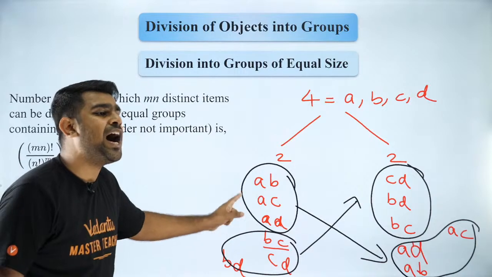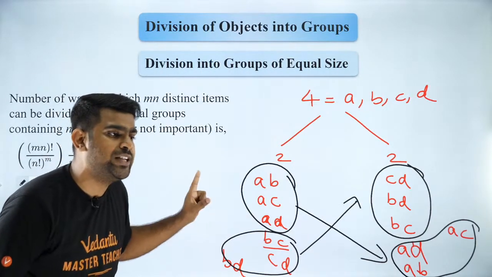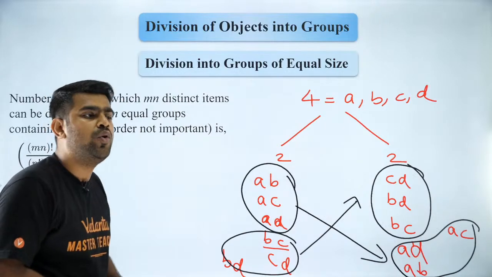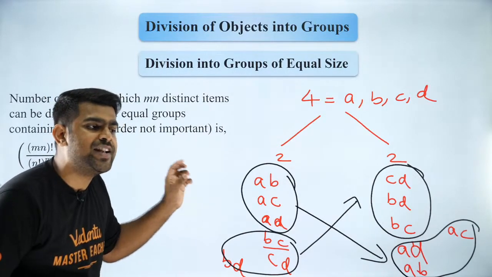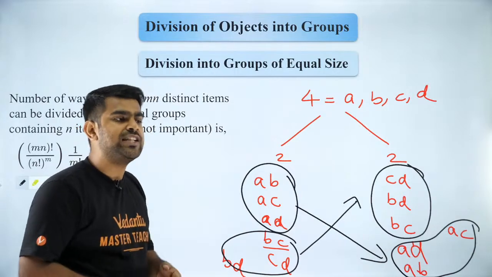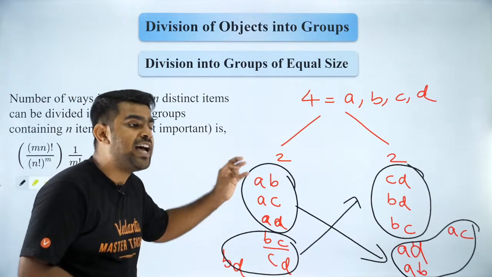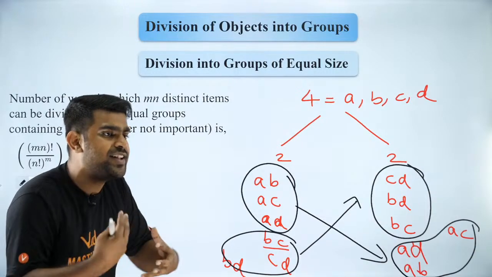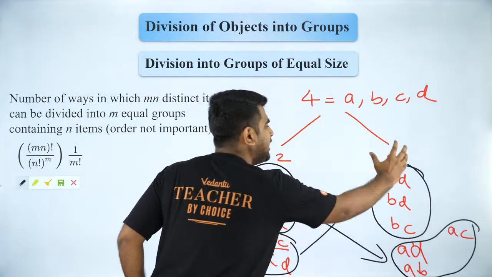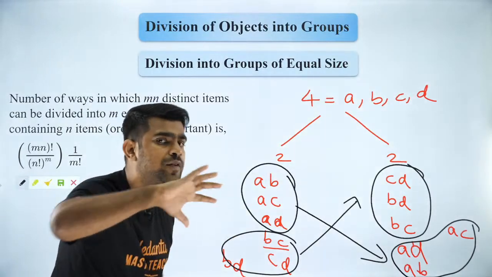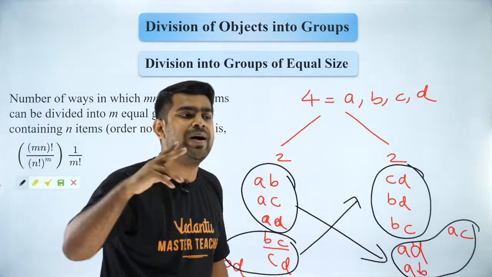So I have to divide by 2 factorial. Are you guys able to understand that? Very good, Suhail. Very good, Jashwant. Awesome. That is why I divide by 2 factorial. So when you divide into equal groups, there will be repetition. So to get rid of this repetition, I need to divide by 2 factorial.